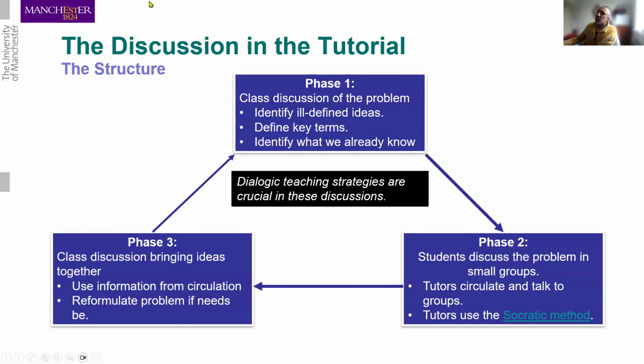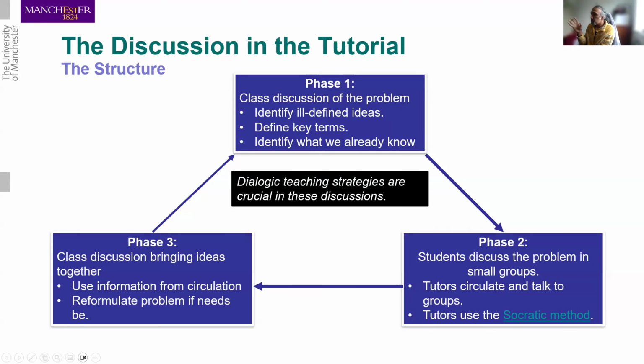Initially, there's a class discussion where we might identify ill-defined ideas, define key terms being used, and of course consider prerequisites. So that's done as a class.